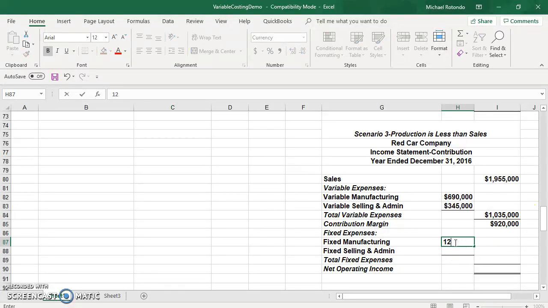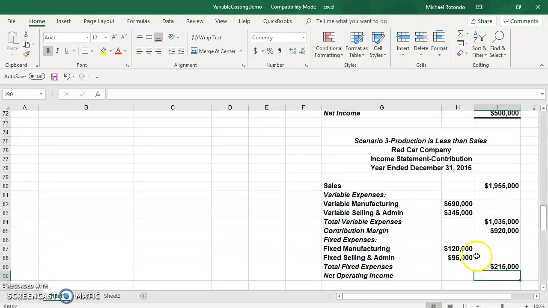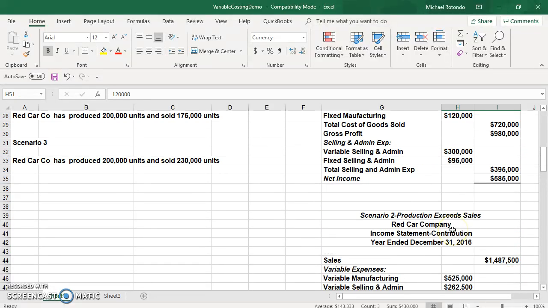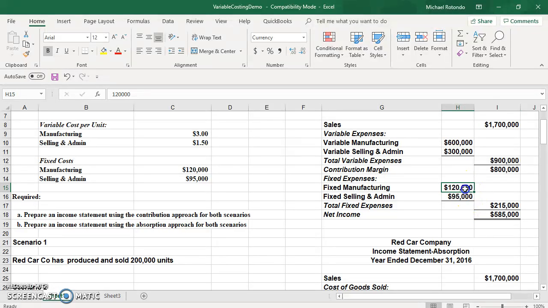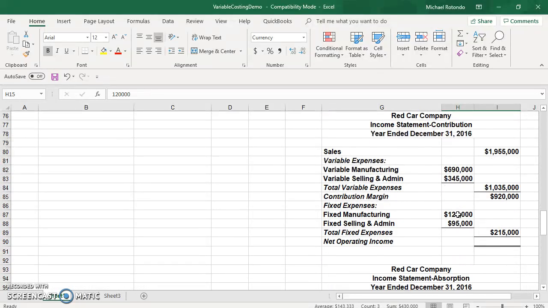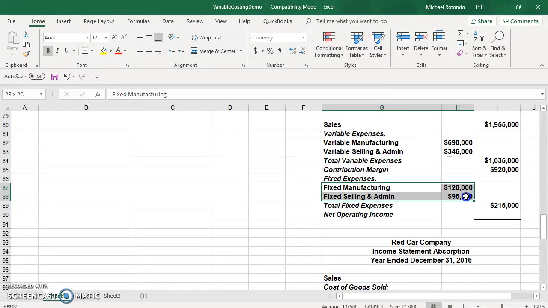So our total fixed expenses, again, are going to be $215, just like they were up here when production exceeded sales, just like they were up here when production equaled sales. So when it comes to the contribution margin income statement, these are going to be the same all the time, no matter how many units we sell.